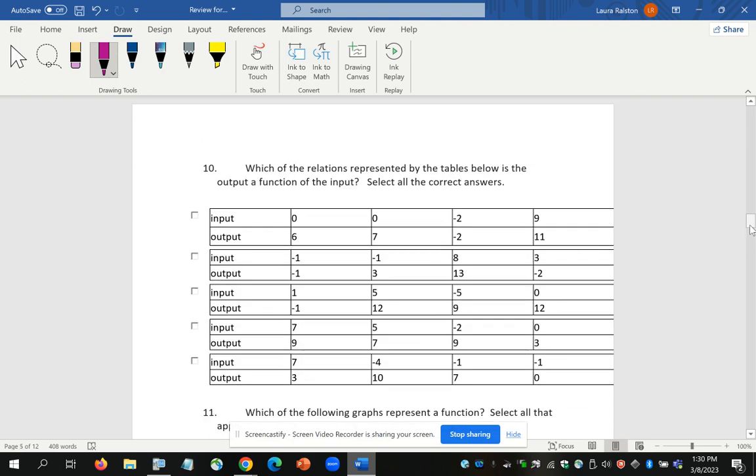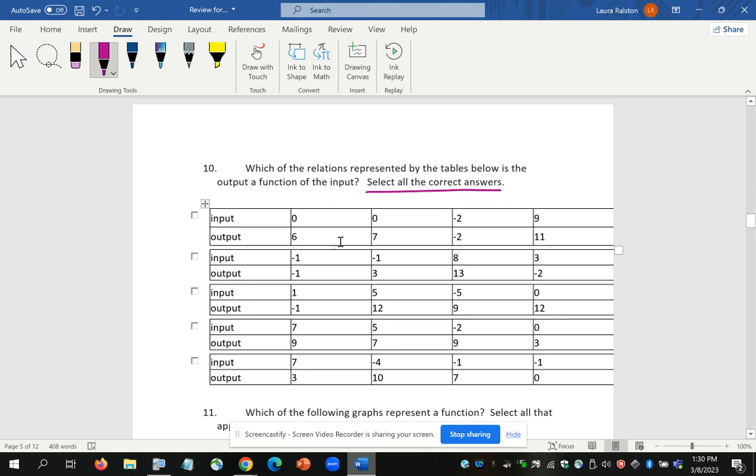Question 10 is a multiple choice question, so it's actually a multiple select question, because it says select all the correct answers. So there could be more than one correct answer here.